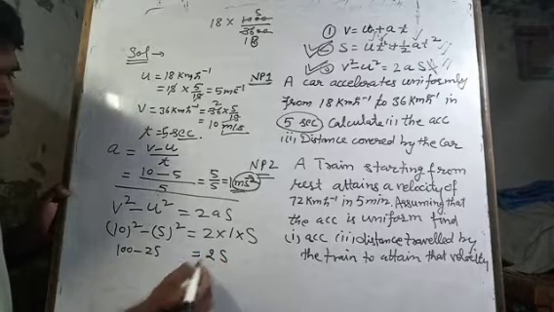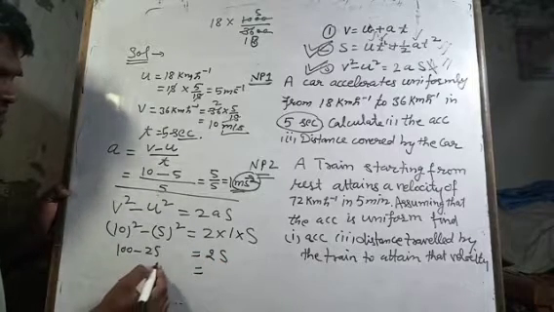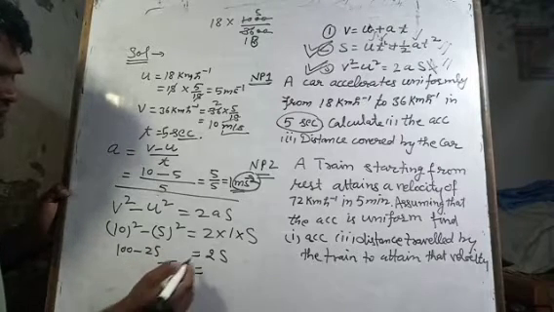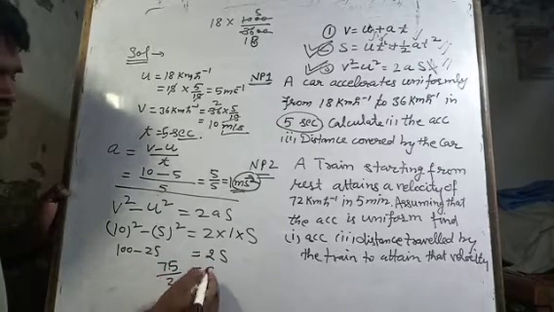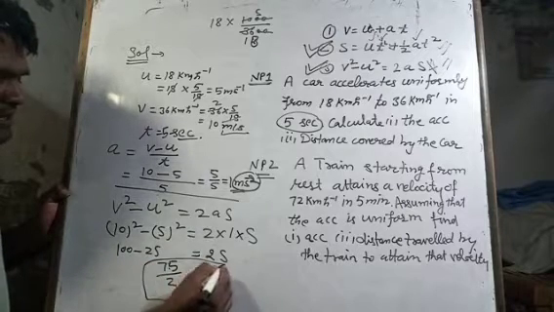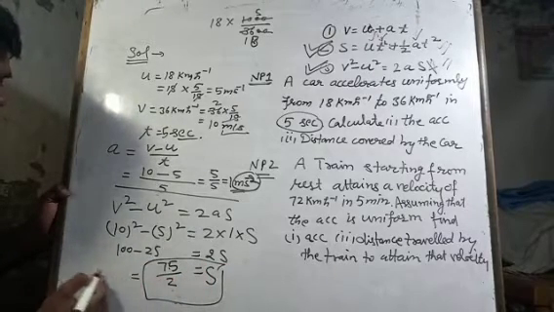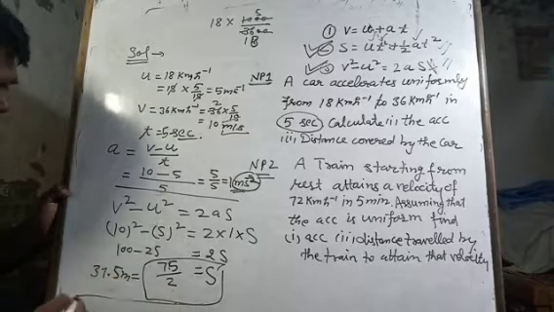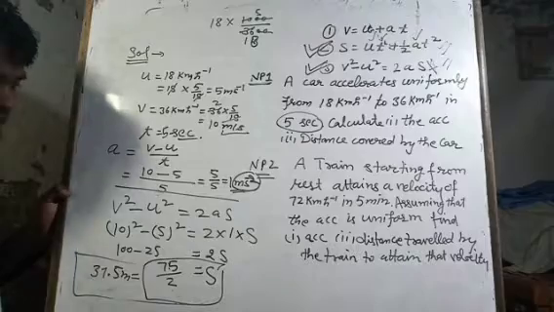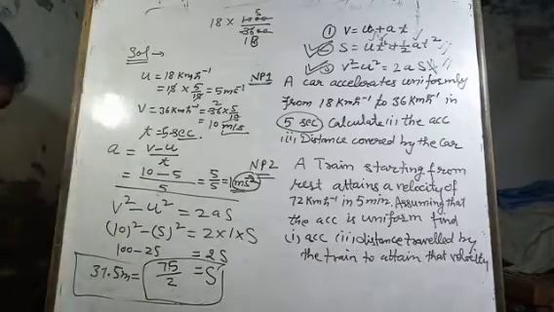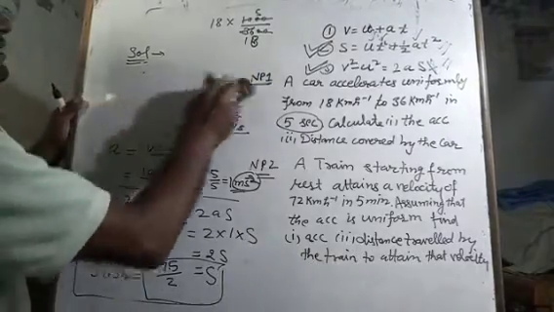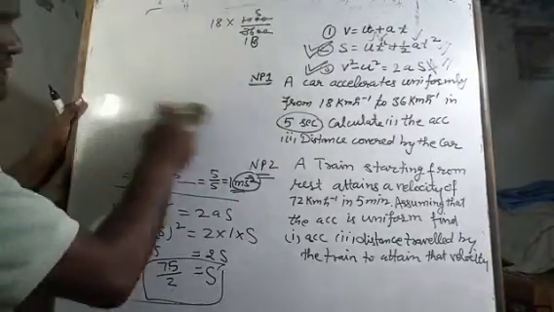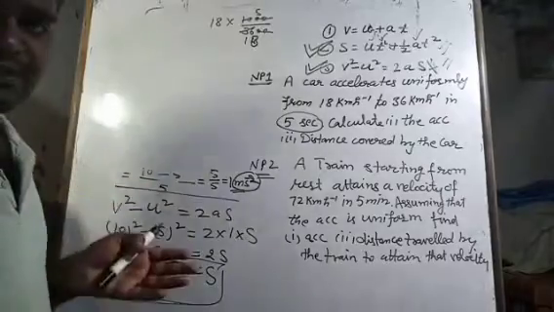It comes to be 2s. Hence 100 minus 25 will be 75, divided by this 2, it will be s here. So 75 divided by 2 will be equal to 37.5 meter. This much distance will be covered. The same can also be shown by another formula. It's your wish here. We need to look at what is given to us.